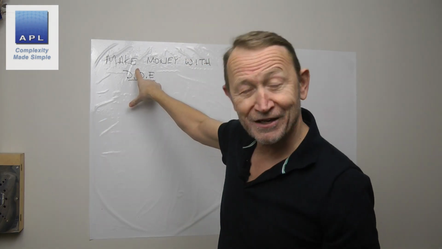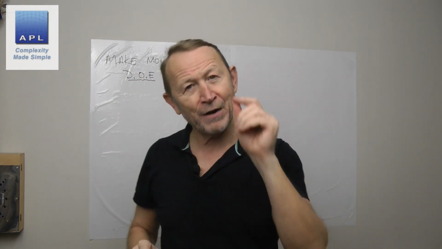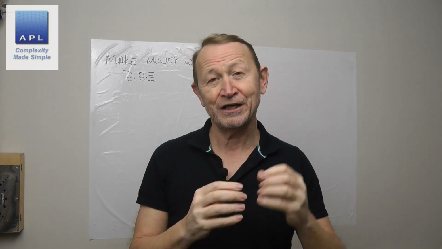Therefore, when I wind the 800 down to 200 and it moves, it tells me what it does to the surface finish. And I know how much that's going to cost me or how much money it's going to make me, but I also know what it's going to do to the quality of the product. And then I can balance the two off and I can make a fantastically wise decision.